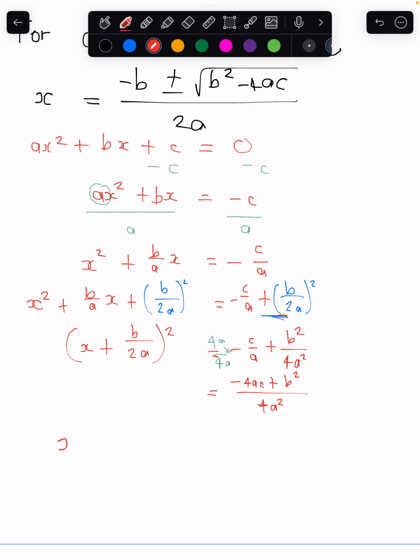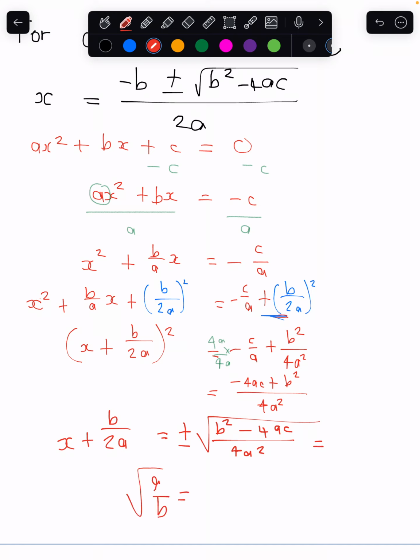All right, so that's x plus b over 2a will be equal to plus or minus, and I'll write it as we see it in the formula, b squared minus 4ac, just switching those terms around, right? And if you have square root of a over b, we know that that's the same as square root of a over square root of b. So we can do the same thing here as well, right?